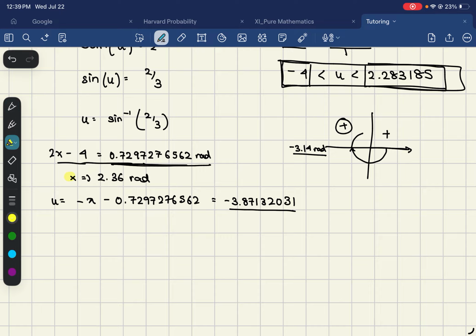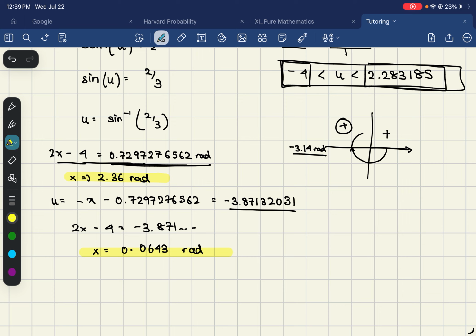That is one solution to 3 significant figures. And for the other value of 2x minus 4, if you solve for this, you add 4 and you divide by 2, you get x is equal to 0.0643 radians. Yes, and those are your 2 solutions.